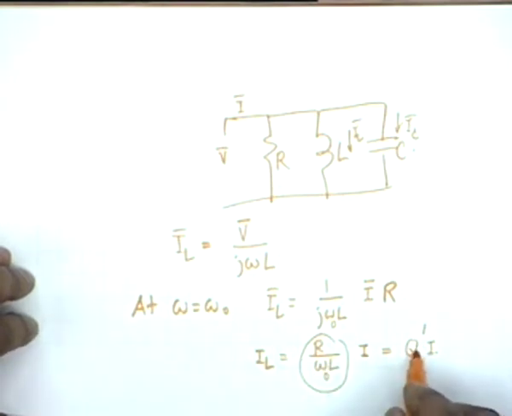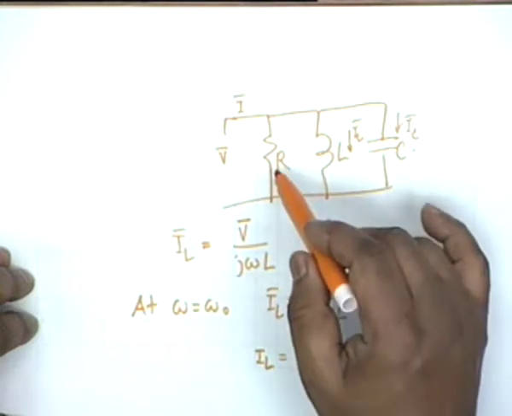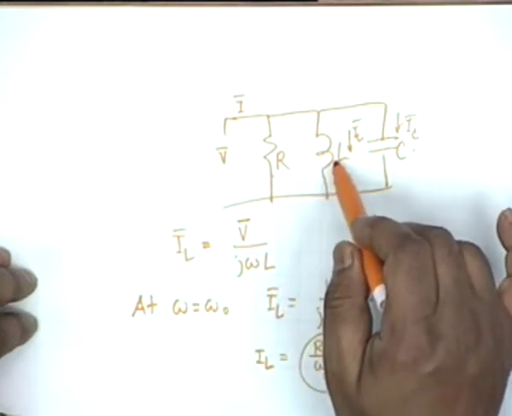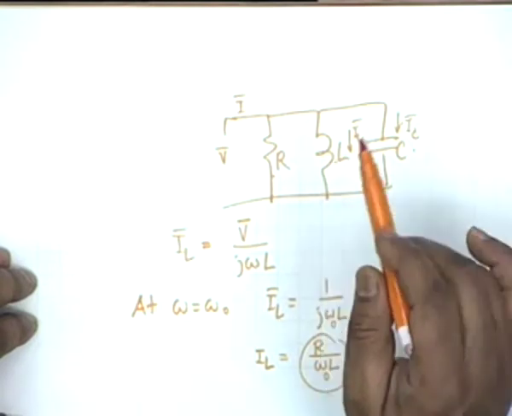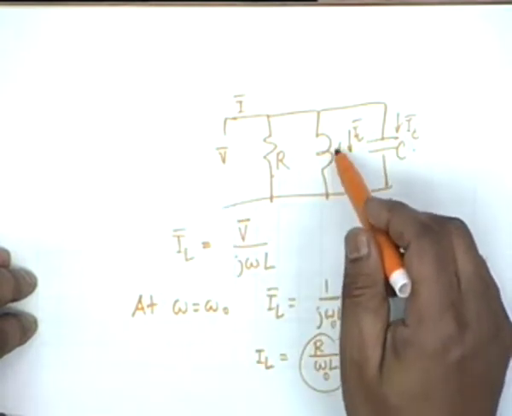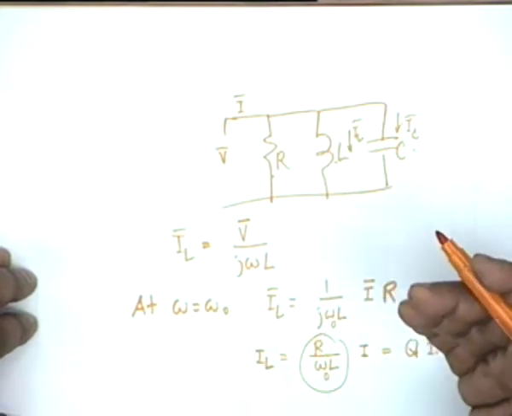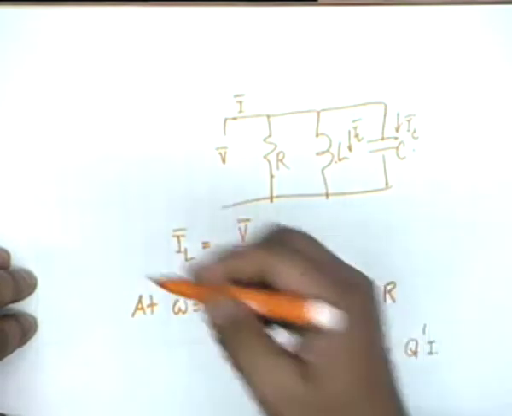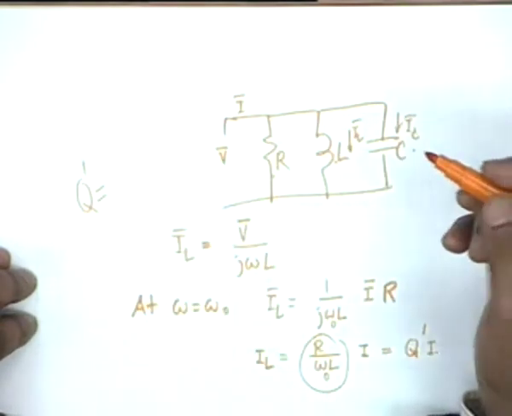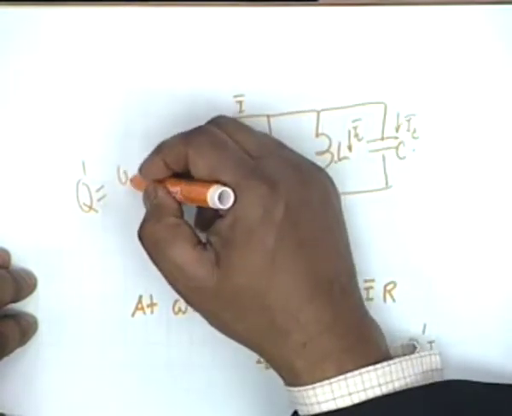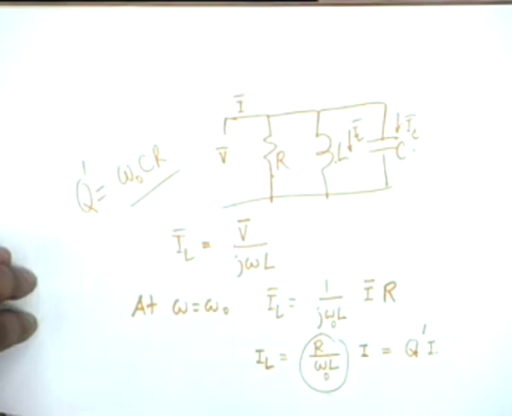However, this Q is not the same as the Q defined for series resonance. The two Qs are different, and the difference comes because the resistance here is in parallel with the inductor, whereas in the earlier case the resistance was in series with the inductor. For a parallel combination like this, the Q is resistance divided by reactance. In a similar manner, one could show that Q prime is omega naught C R, resistance divided by reactance, all right.